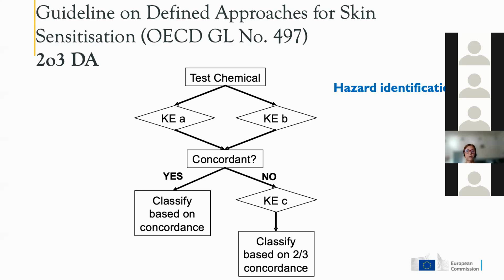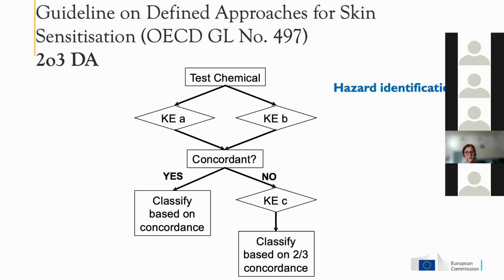The first defined approach, which is described, is the 2 out of 3 defined approach, which is proposed for hazard identification. Basically, this covers at least 2 of the first 3 key events of the adverse outcome pathway. The test methods are run in no defined order.